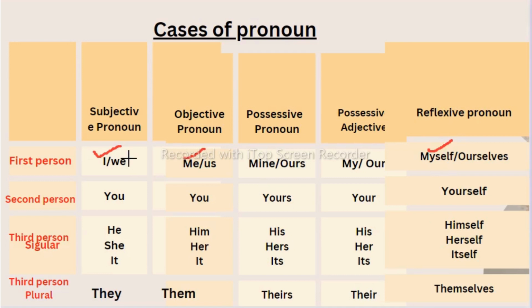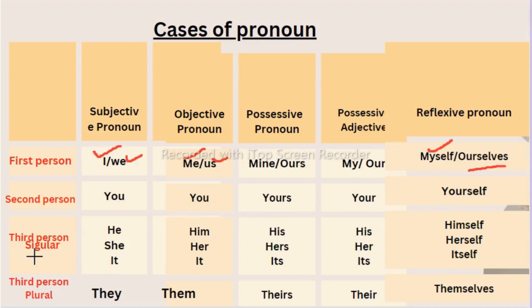And when we are talking about plural, we and us, we have to take the plural reflexive pronoun, which is ourselves. And for the second person singular, you, we have to use yourself. And if we are talking about plural you, we have to use the reflexive pronoun yourselves.